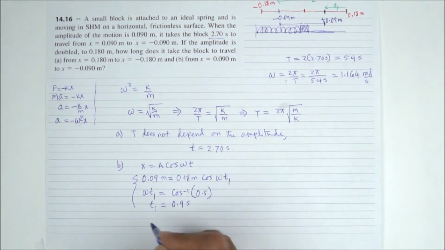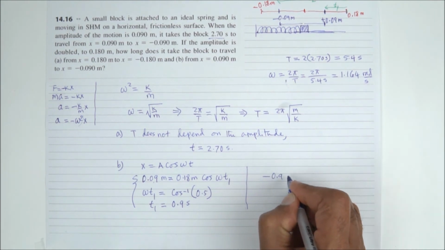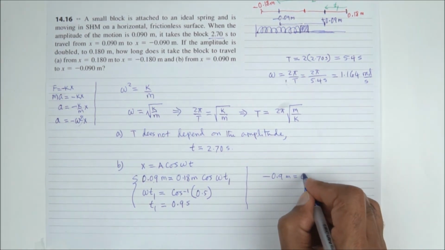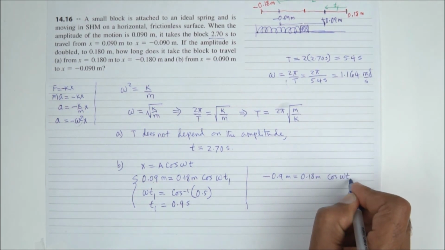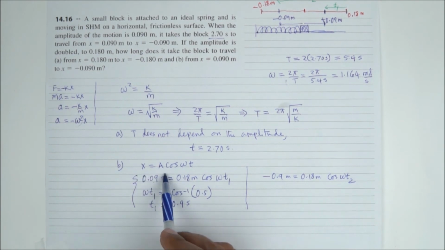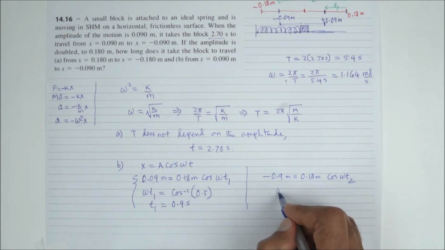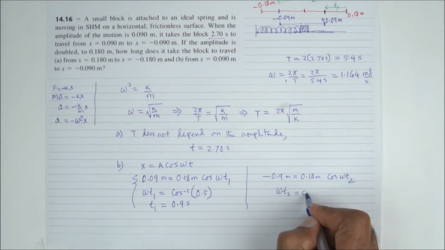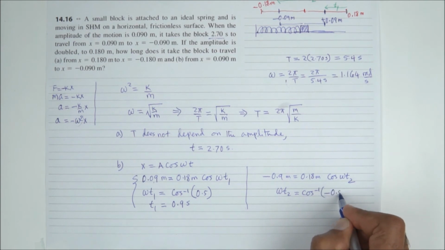So negative 0.09 meters equals 0.18 meters times cosine omega T2. The only difference is that this is negative. So omega T2 is cosine inverse of negative 0.5.